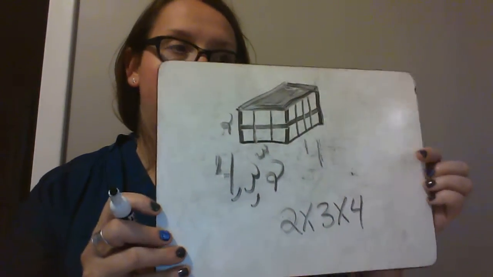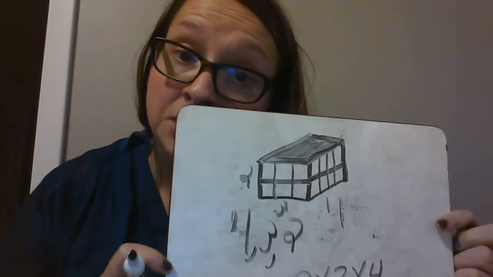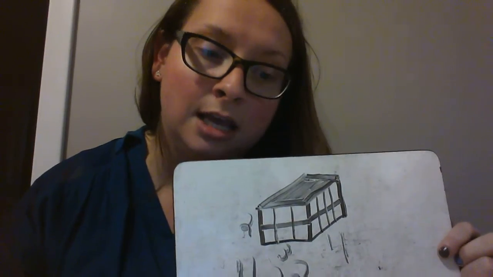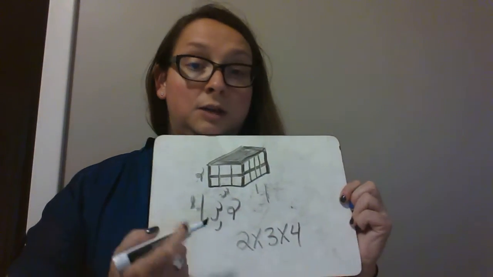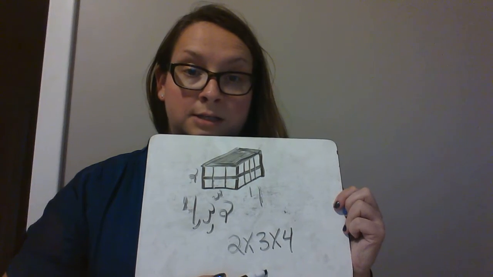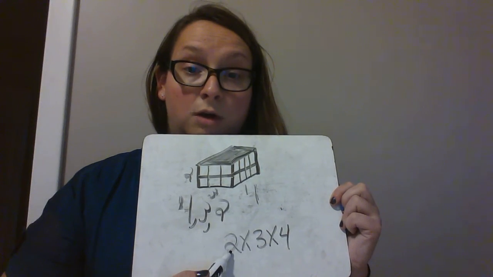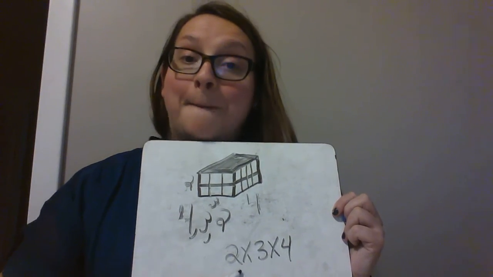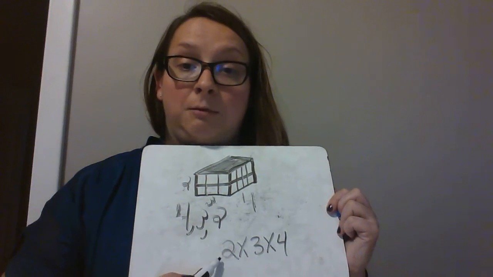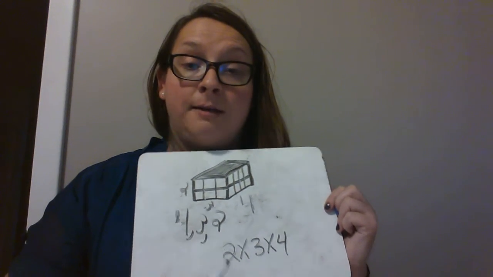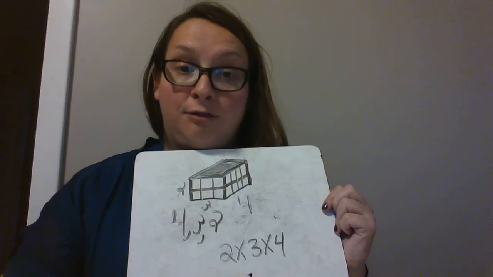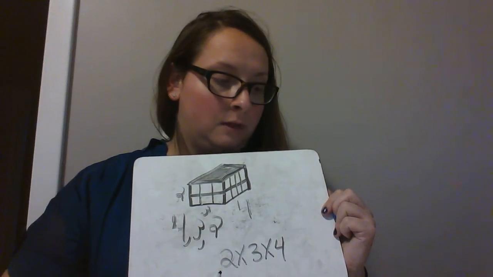Now, you might be saying, Ms. Sherm, that looks like a multiplication problem, and you're right, it does. But when we're doing dimensions, we use the x's in between the numbers to symbolize the word by. So this actually reads, when we're talking about a prism, 2 by 3 by 4.